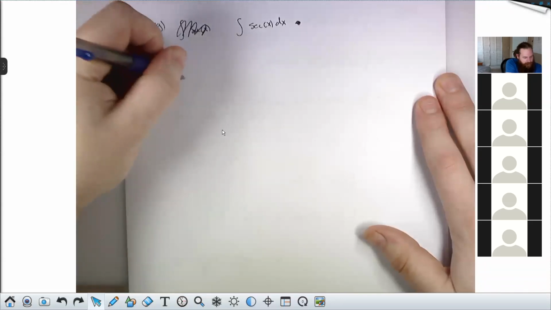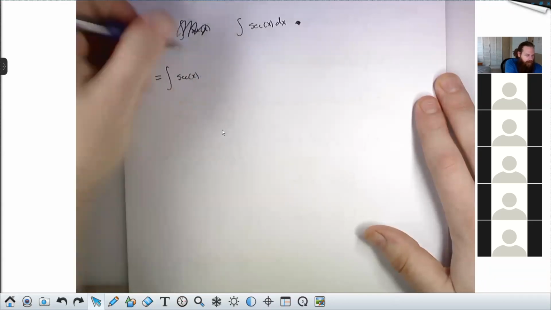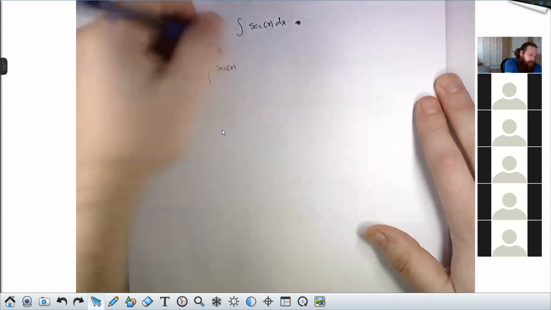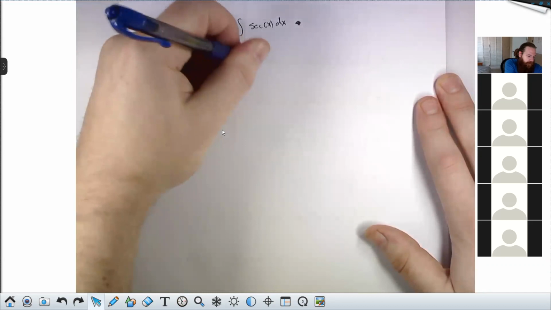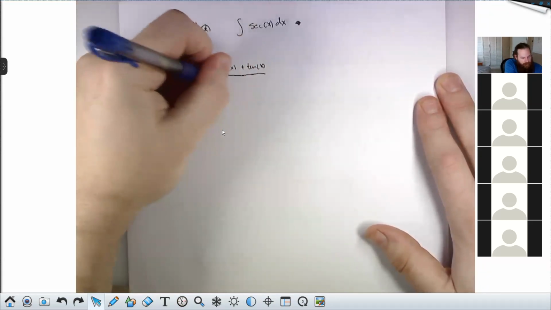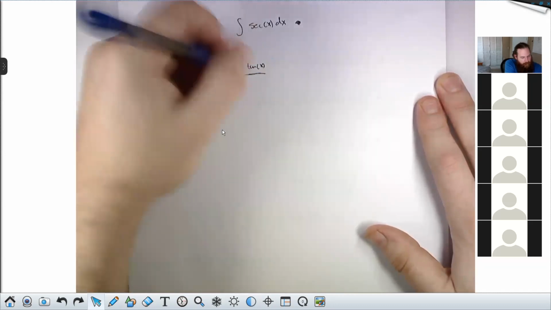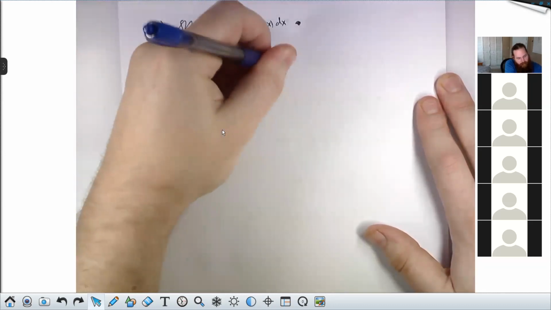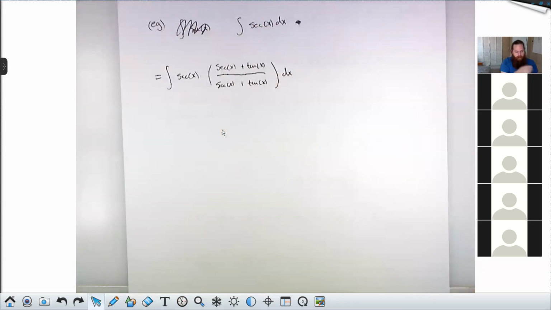So I'll still have my secant x, and then I multiply by secant x plus tangent x over secant x plus tangent x, which is admittedly a very strange thing to do. But we do it for a good reason.